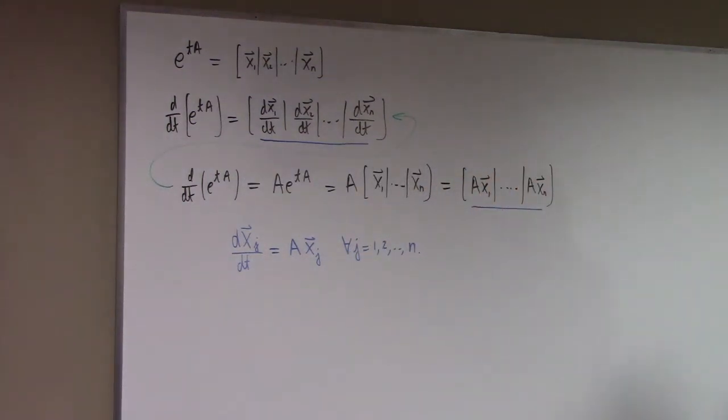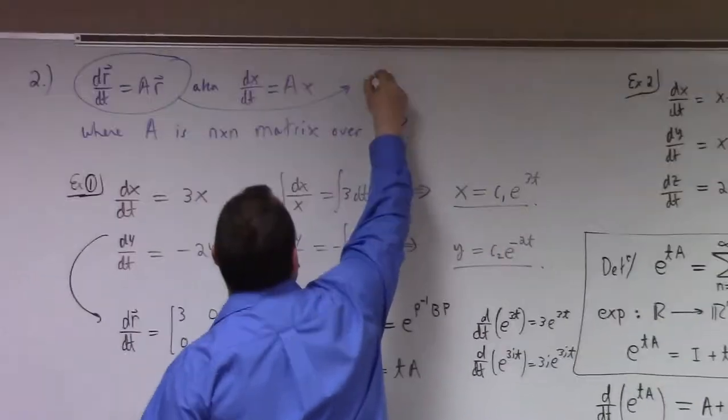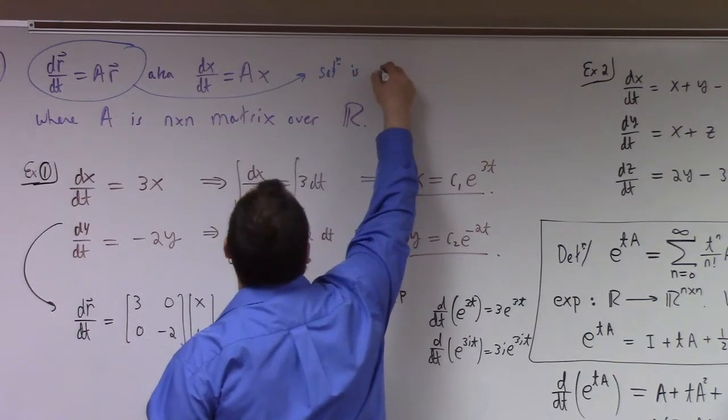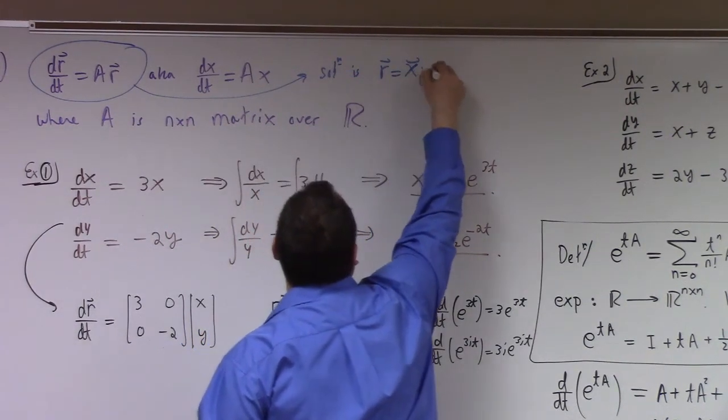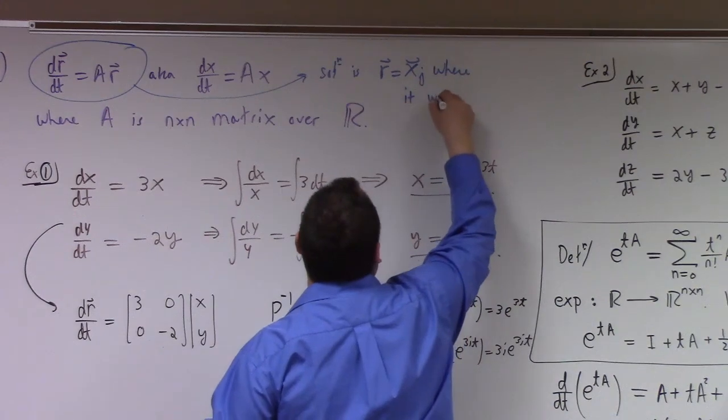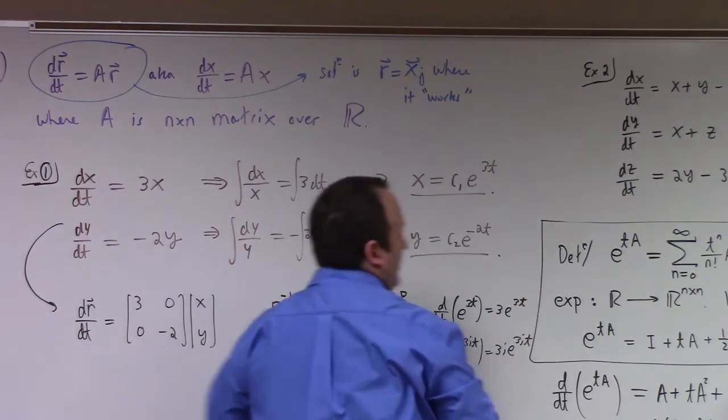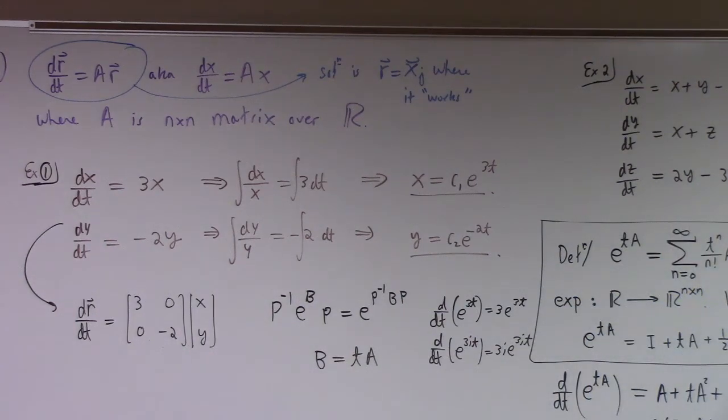What does that say about the column of the matrix exponential, any column? What does it mean to be a solution to a system of differential equations? Go back to the starting point. This guy. What's the solution? Solution is something like r equals x_j, where it works. In other words, if I plug in that vector of functions and differentiate it, it's the same as if I take the matrix A and multiply.